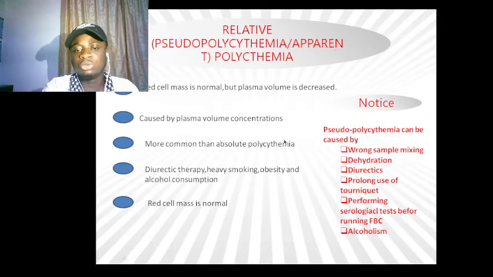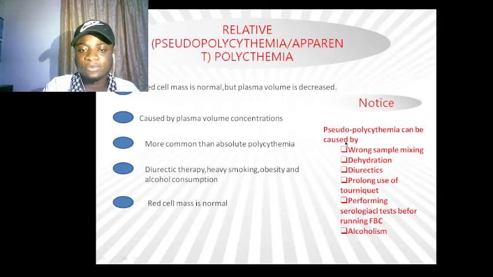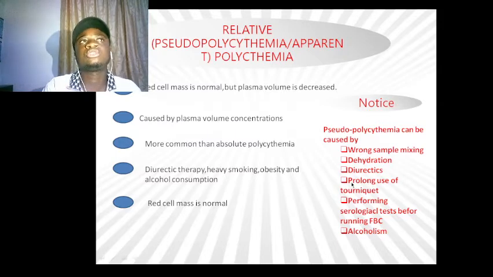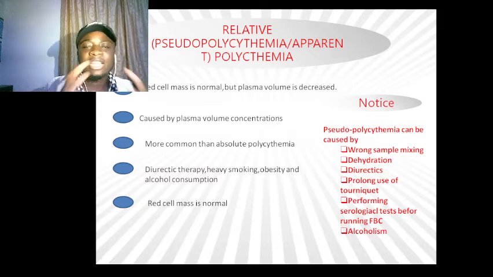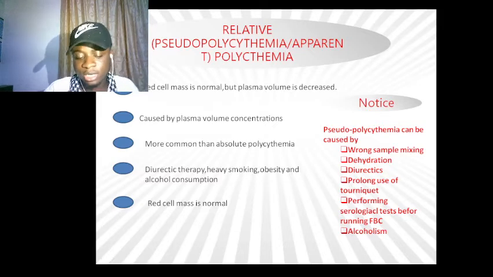And sometimes too, dehydration can also cause pseudo polycythemia. Dehydration, of course, there is loss of water from the body, you understand, and you know that blood is made up of plasma and cells, and plasma contains about 99% water, you understand.